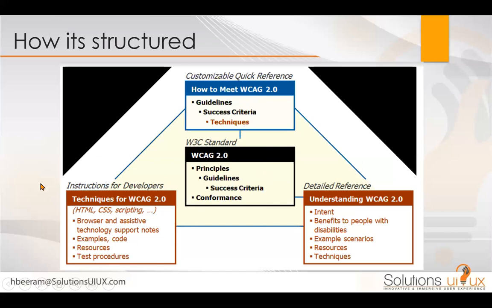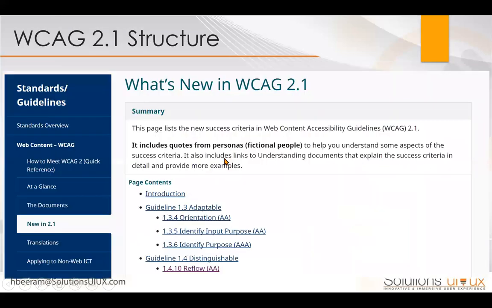So there is a developer section, instruction for developers, and the detailed reference for BAs or QAs or anybody who wants to validate the standard. And these are World Wide Web Consortium W3C standards. So this is how it is structured. And this is what I've been mentioning last, right? When you Google search WCAG 2.1, this is an official page where you will land.